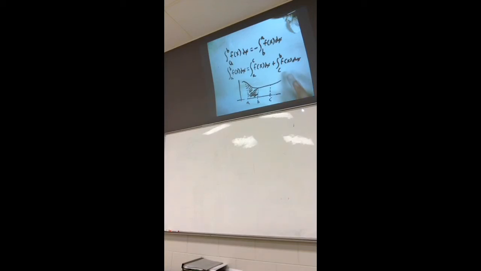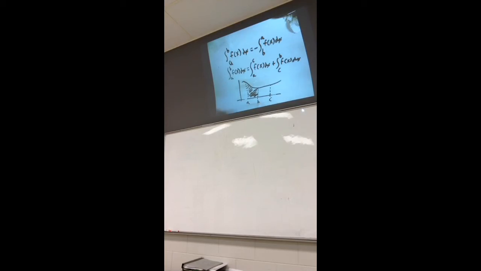Now, what's my area from C to B? It's B to C. Which number did I put up at the bottom here? I put C, but C is greater than B.